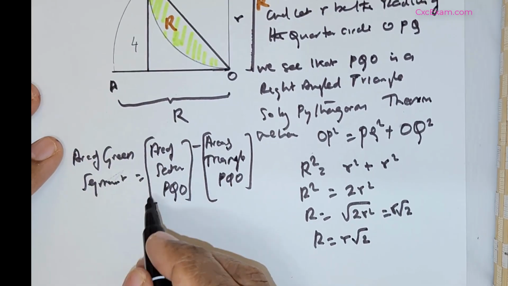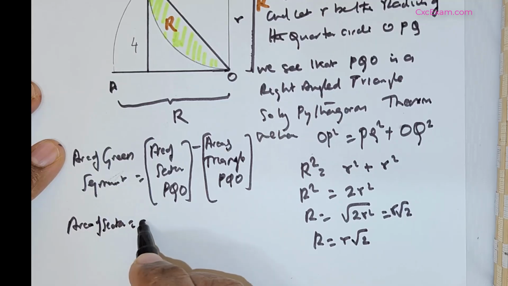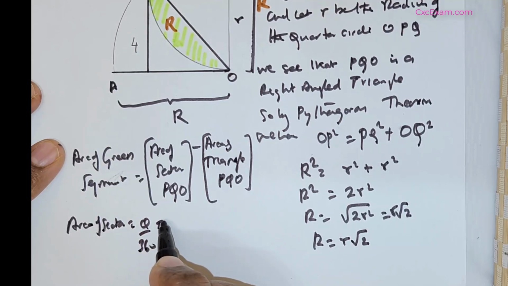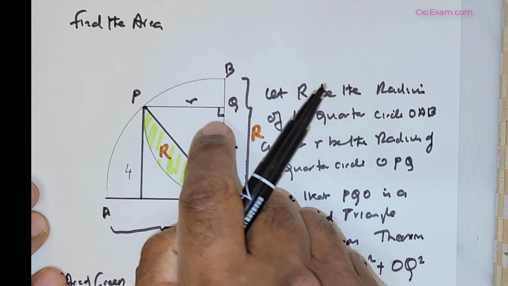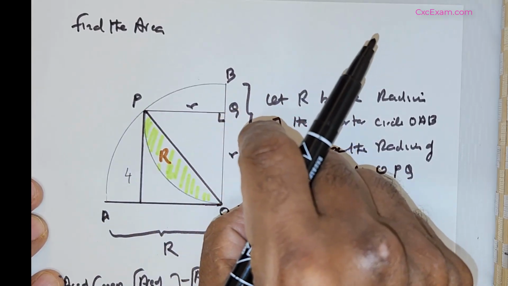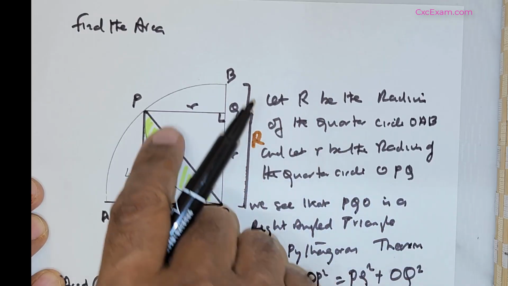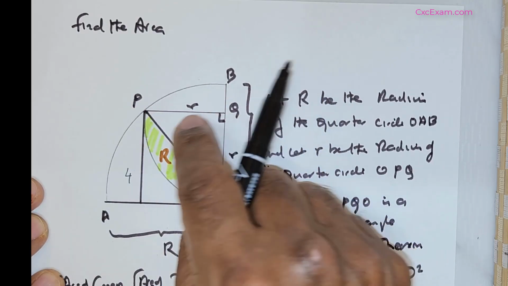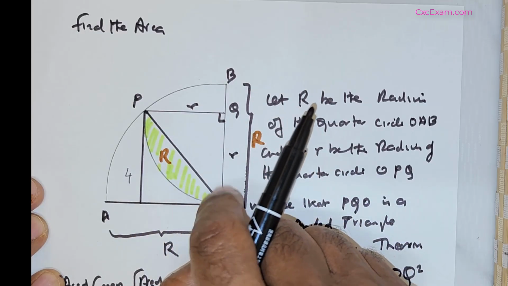So what is the sector area? Area of sector is theta over 360 times pi times the radius squared. So what is theta here for this region? What is the angle that is actually being subtended by this arc?